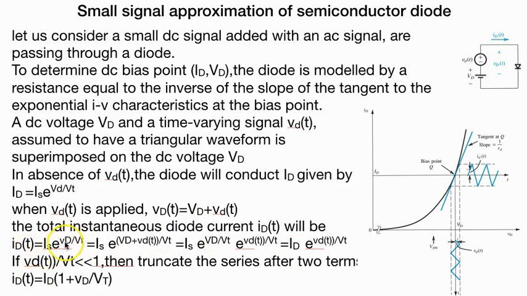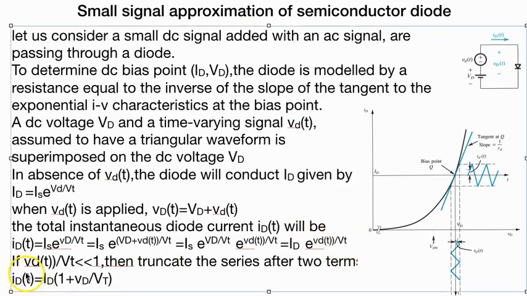If we add the voltages in the power of the exponential function, then on doing some mathematical calculation, the final result will be ID is equal to e to the power VD(t), this is the time varying diode voltage, divided by the threshold voltage, and this is the main approximation.